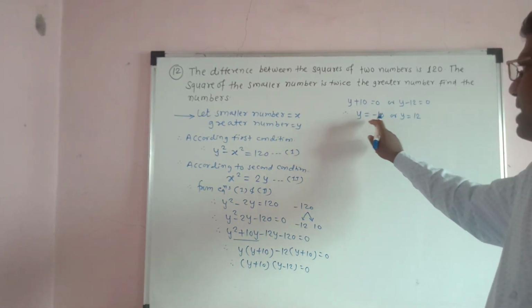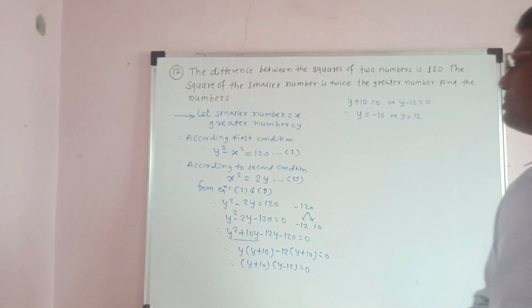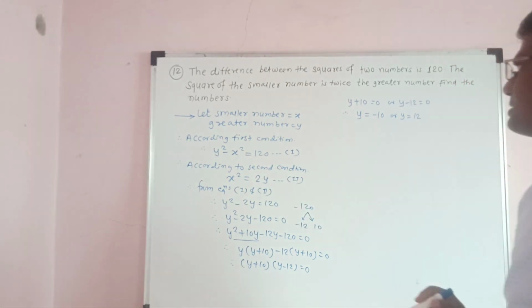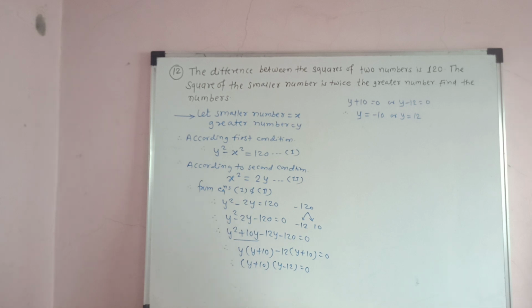If we put y is equal to minus 10 in equation 2, then it will be x square is equal to 2 into minus 10, that is x square is equal to minus 20, and square of any number is always positive.